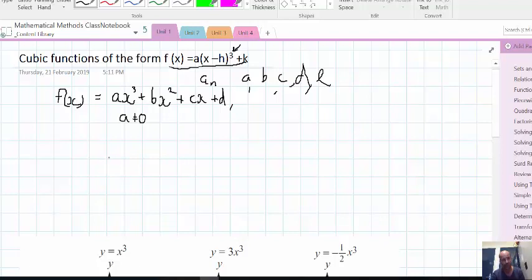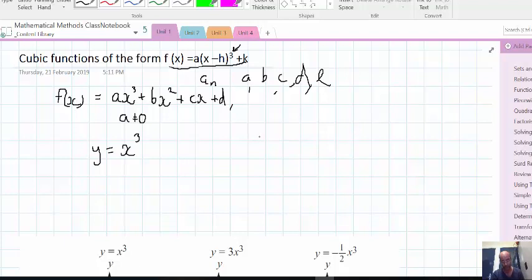So by considering the base function y = x³, we can do transformations on that, just like we did with quadratics. Some of them are very similar too. I'm not going to call this turning point form because it's a bit more problematic with cubics, although it resembles quadratic turning point form.